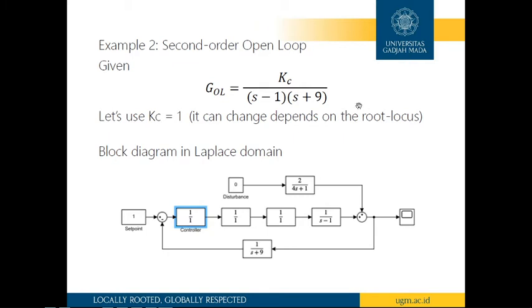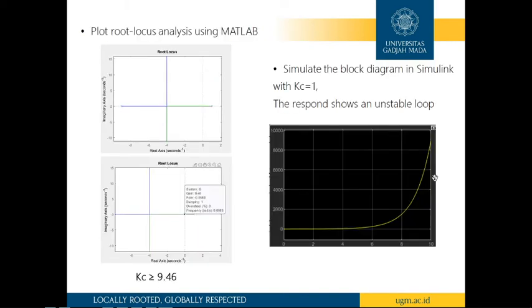Let's use Kc equal to 1 as the first trial again, and we can make the block diagram in the Laplace domain. After that, all the steps are the same as in the first example. But let's just try it.